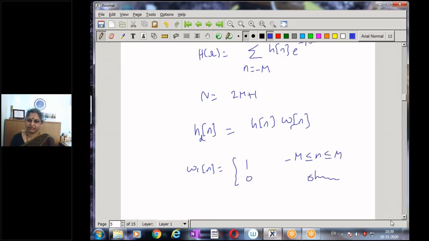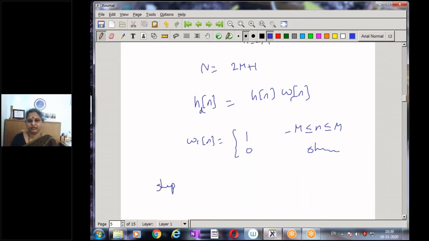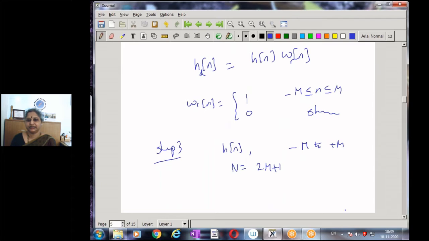So when I do this multiplication, my impulse response, which extends over minus infinity to plus infinity, I am multiplying by a window function that extends from minus m to plus m. So I am making it finite duration. And once I multiply, I now have my impulse response h of n, which actually extends from minus m to plus m. So this is of finite duration length N, which is given by 2m plus 1, and my filter design is complete. So I've got the coefficients.